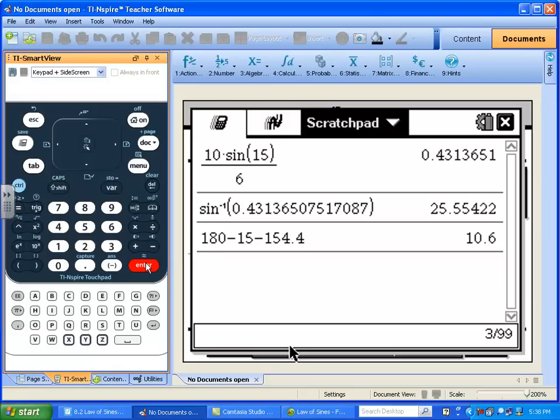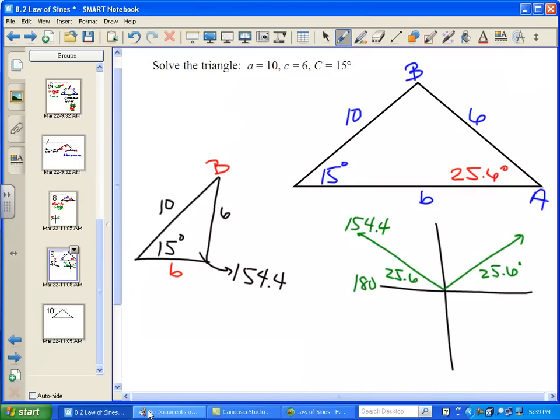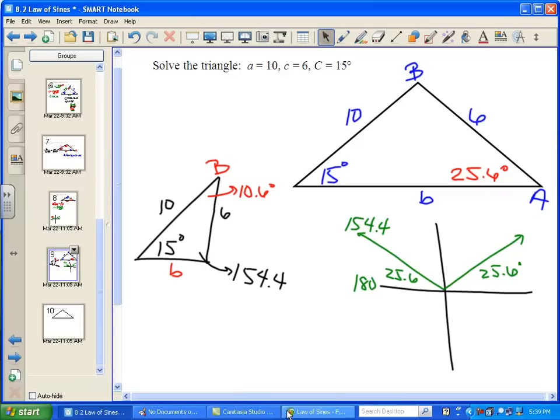And it turns out it's 10.6, so that actually leaves room for this angle to be 10.6 degrees, which is exactly what we looked at in that previous video, where that side right there can be placed in both positions to create two different triangles.